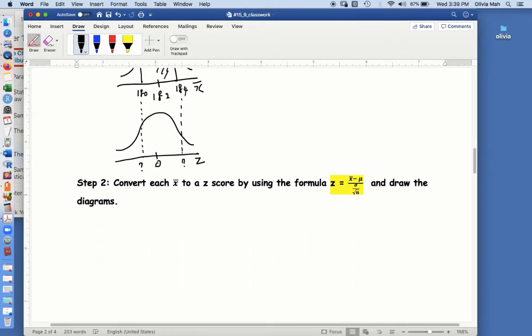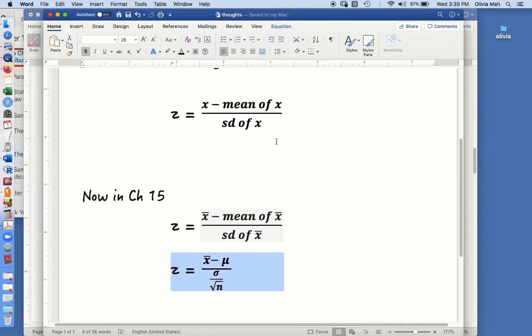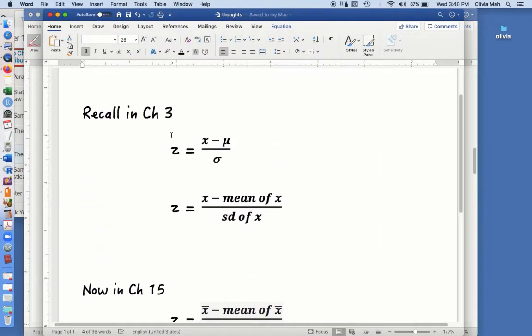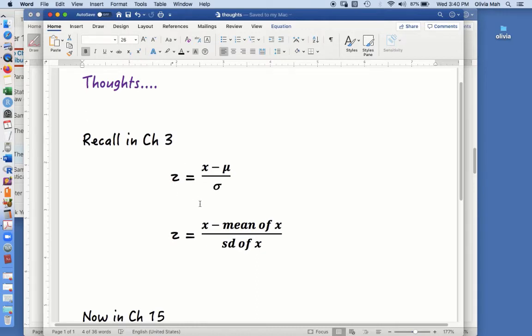Now next, we have to do the calculation, which is actually not difficult, but we have a new formula. Let me jog your memory a little bit. In chapter 3, we have this formula: z is equal to x minus mu divided by sigma. The more we understand, the less we have to memorize. Let's take a look at this formula again. X minus mu, you are comparing x, an individual observation, with mu. What is mu? Mu is the mean of all x. And you divide it by the standard deviation of all x, which is sigma.